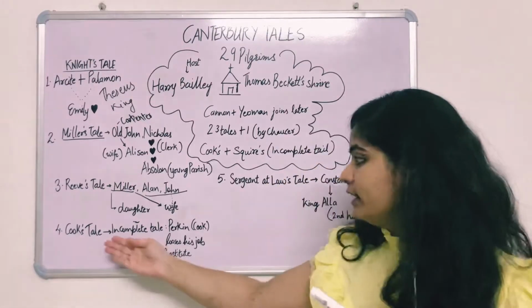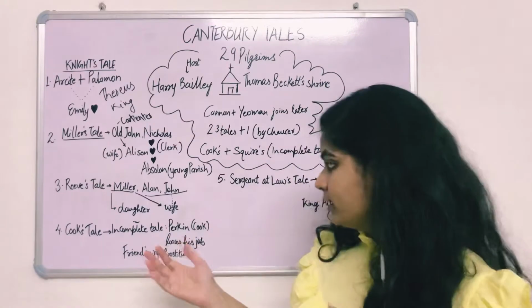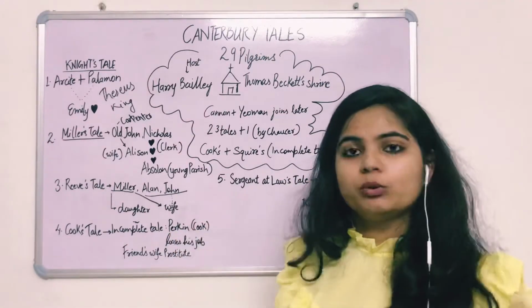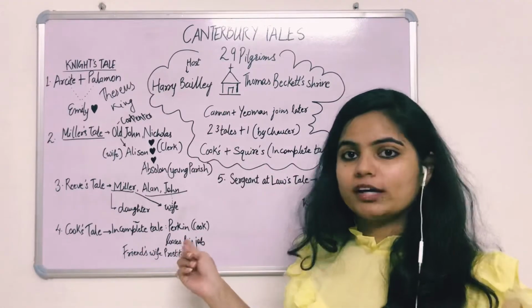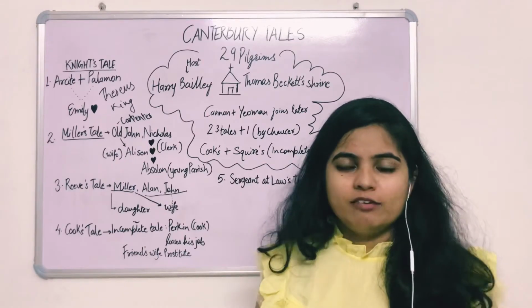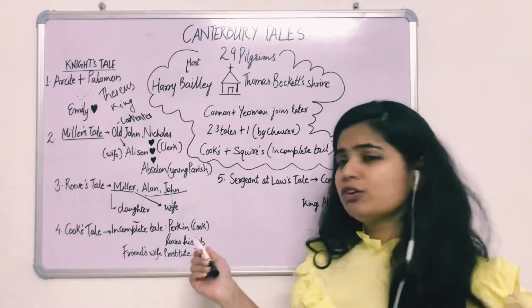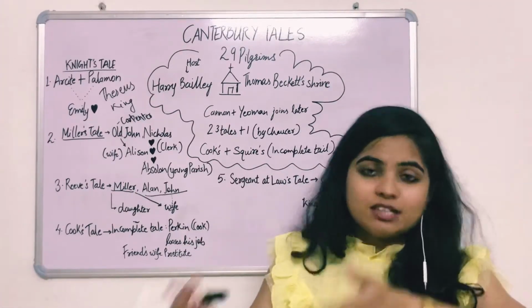Further we have the fourth story, the Cook's Tale, right? The cook told us a tale called Perkin's story. Perkin is the name of the cook here, right? So he loses his job due to some problem in the town, and he searches for a job and gets rejected.